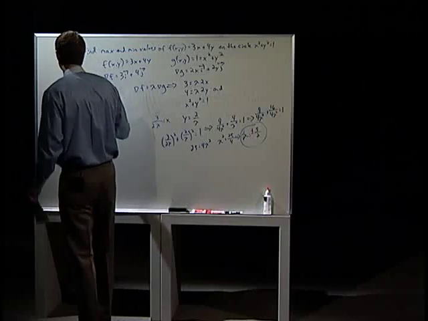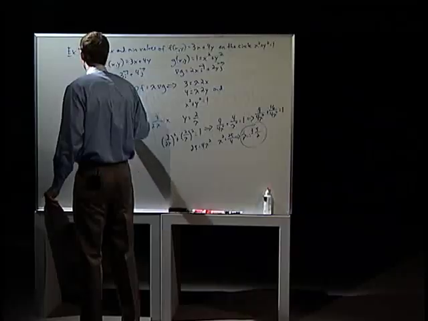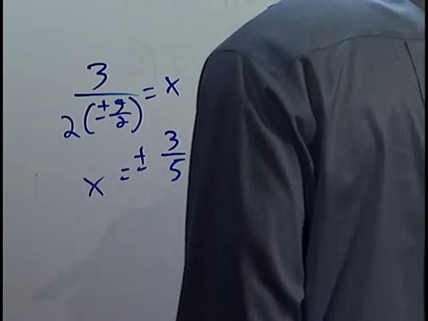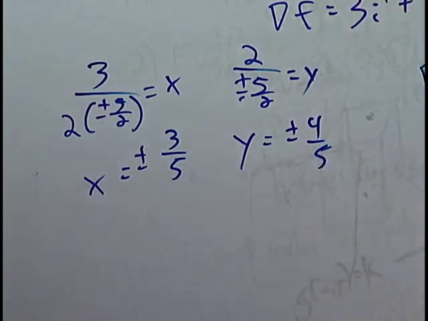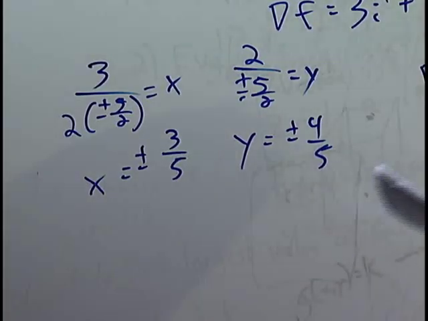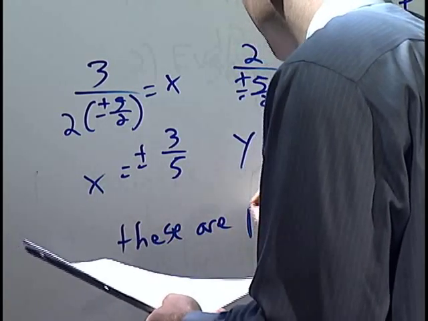So x is equal to plus or minus 3/5, and y is equal to plus or minus 4/5. So there are your x and y's. This time you actually do have more than one point to check. Okay, so that's all done. These are the possibilities.